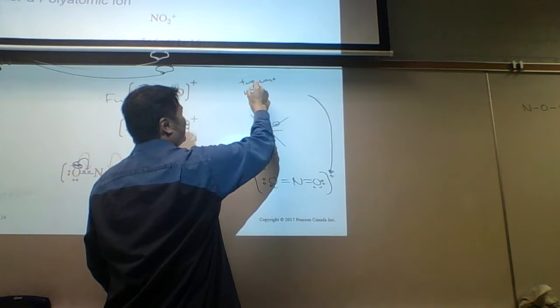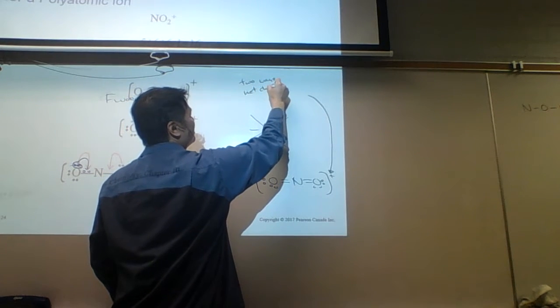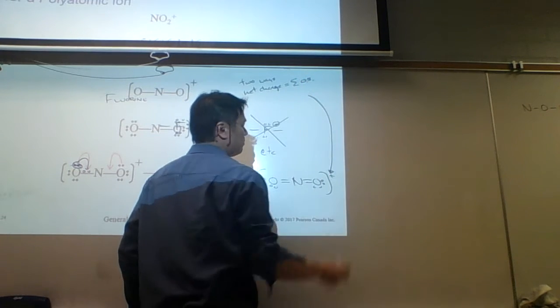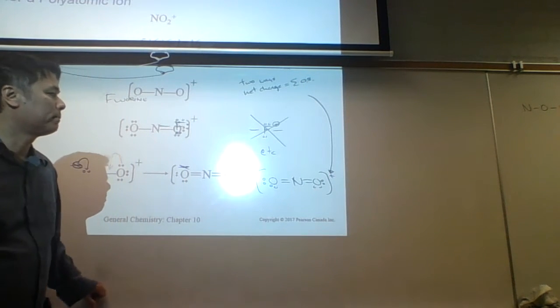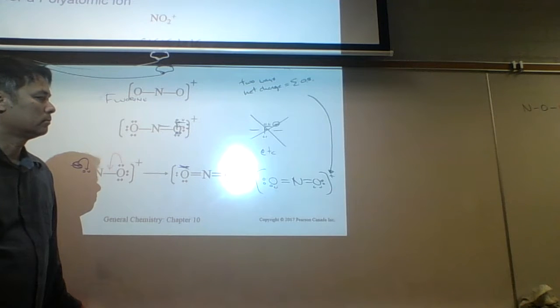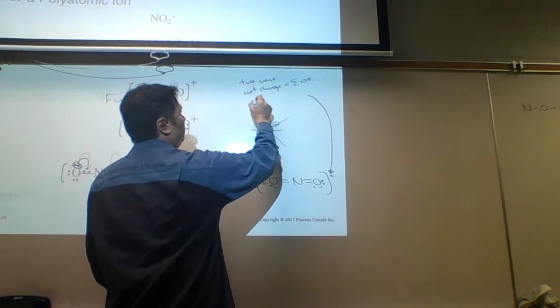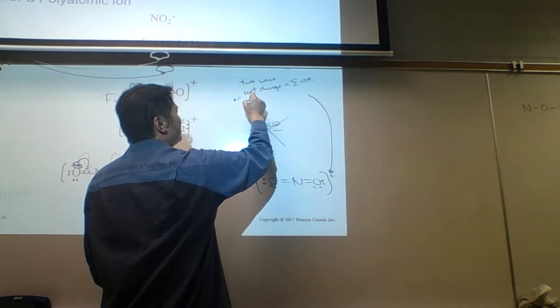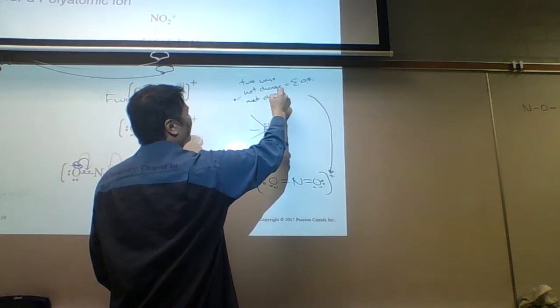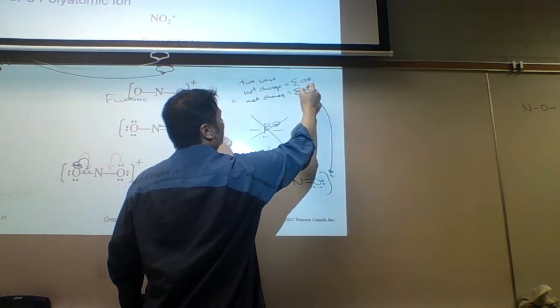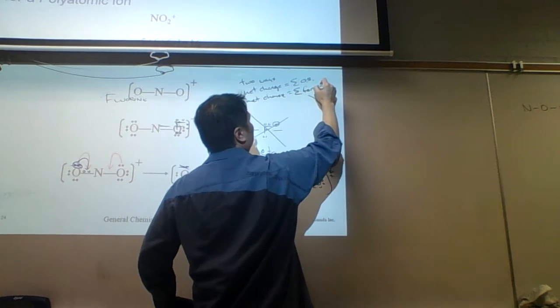One, the net charge is equal to the sum of the oxidation states of all the atoms. Or 2, actually both of these work, I should say, the net charge is equal to the sum of what we call the formal charges.